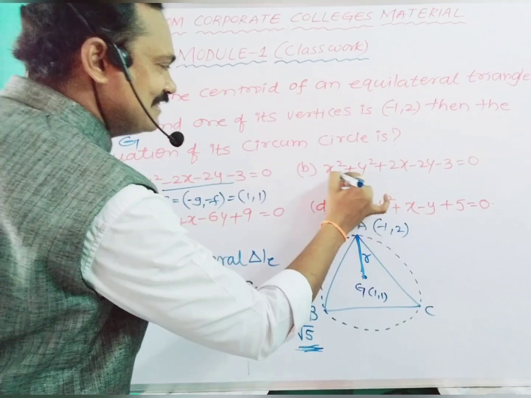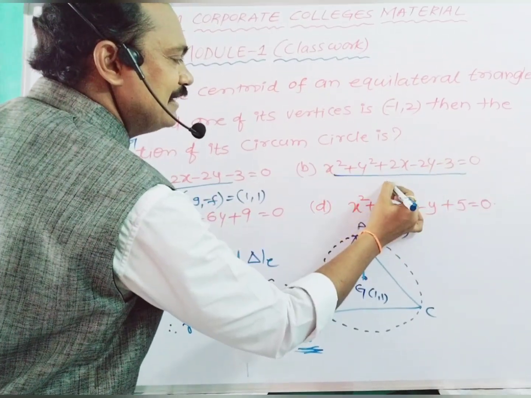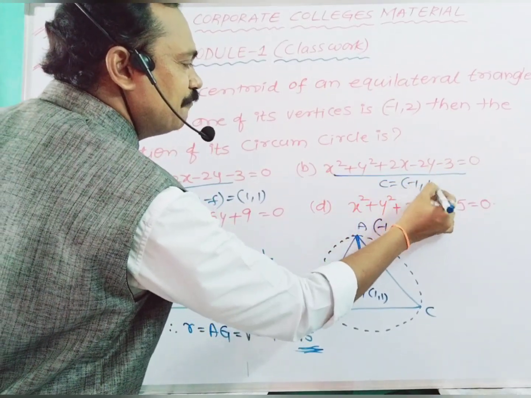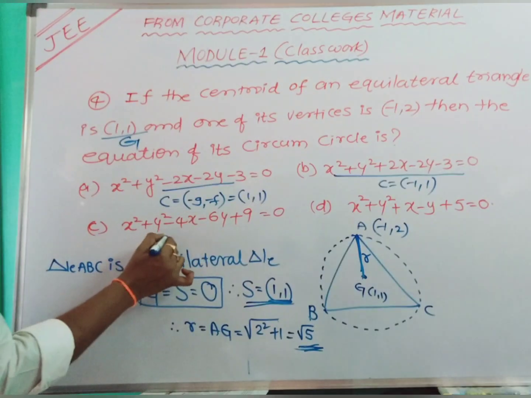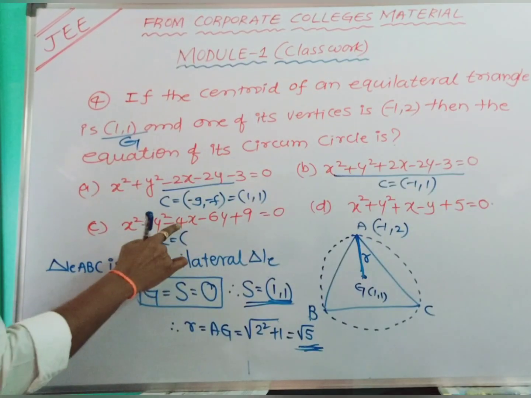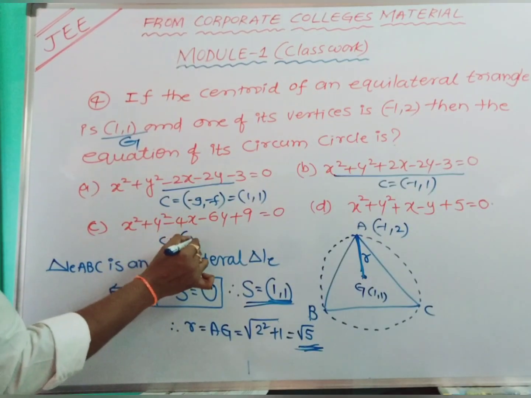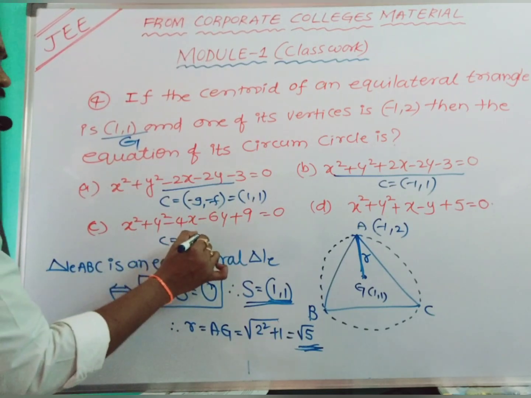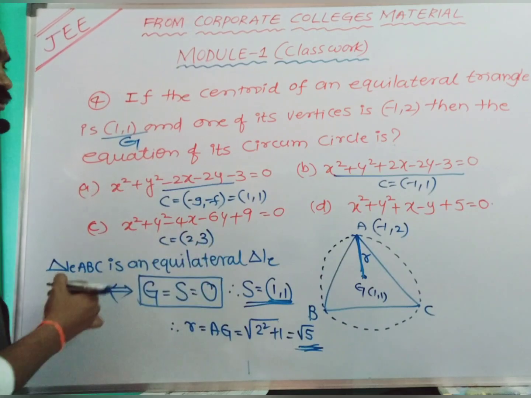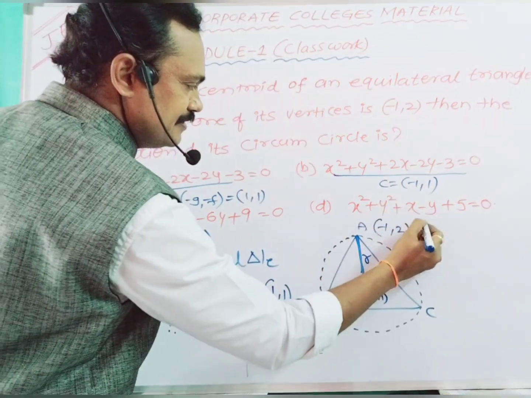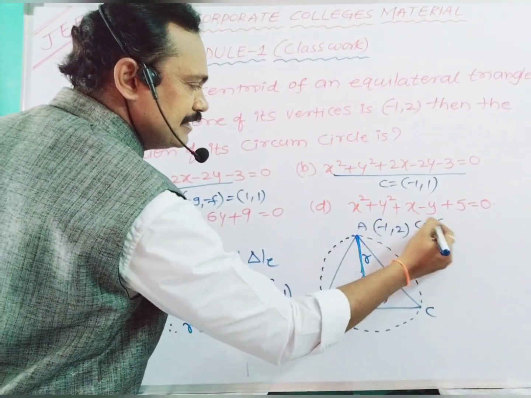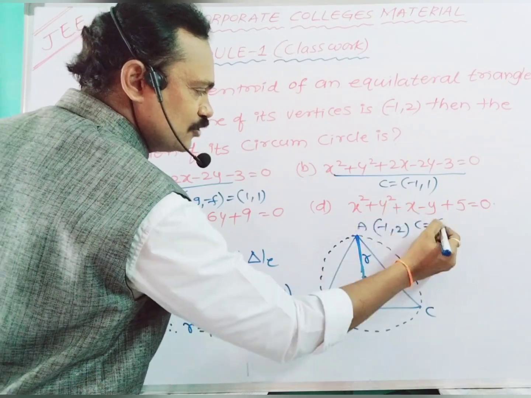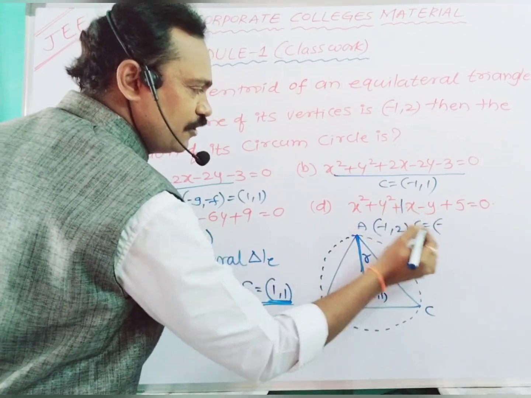Here the center is 2 comma 3, since minus 6 is there, take the opposite sign. Here the x coefficient is positive, so take the negative sign, half of it, minus 1 by 2. The y coefficient has a minus sign, so take plus, half of 1.